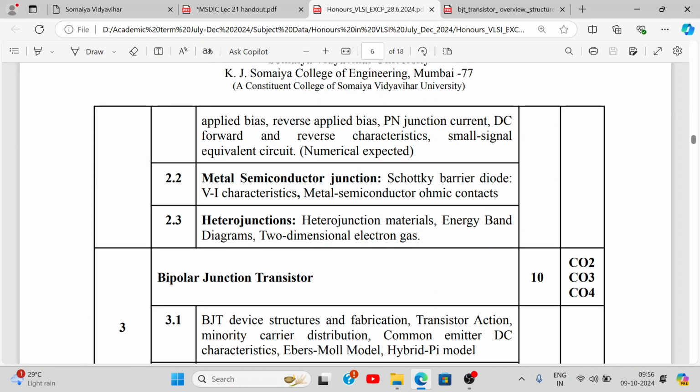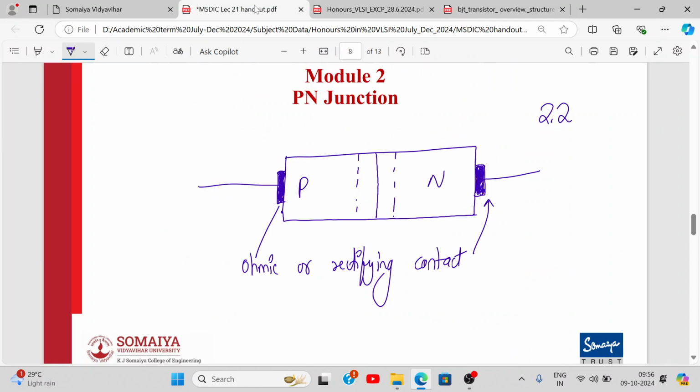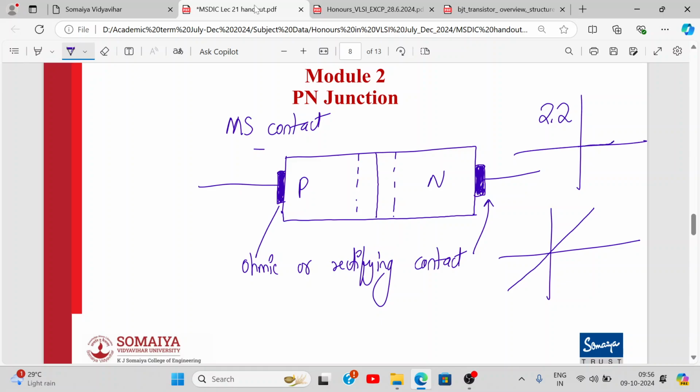That's why we have an ohmic metal semiconductor contact. So this is metal, and this is semiconductor. We call it an MS contact. A metal semiconductor contact can be ohmic or rectifying. An ohmic contact will have a characteristic looking like this, whereas a rectifying contact will have a characteristic looking like this. That's the difference.